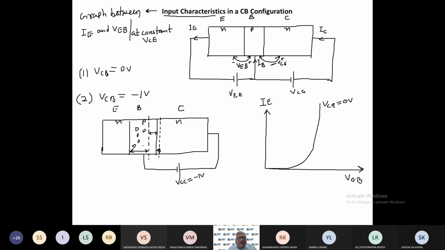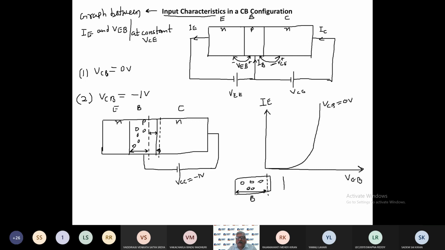Suppose I am talking about base, you just think about base, right? Suppose there were these many holes earlier, and the depletion layer is only up to this place. So the actual width of the base is this much. In this much width, how many holes are there? You just see: 1, 2, 3, 4, 5.